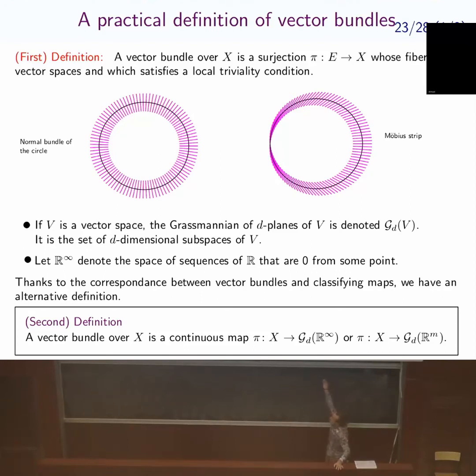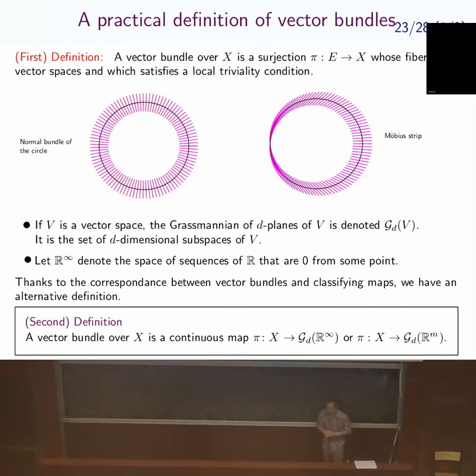Two examples. If X is a circle, a vector bundle over it could be the normal bundle. So on top of each point of the circle, I have a vector space. Another example is the Möbius strip, also called the universal bundle of the circle.